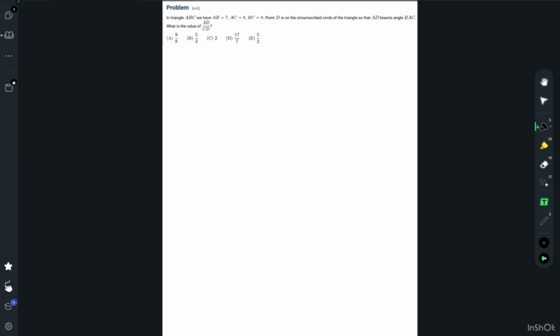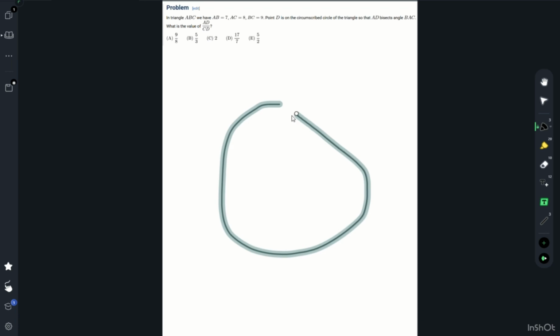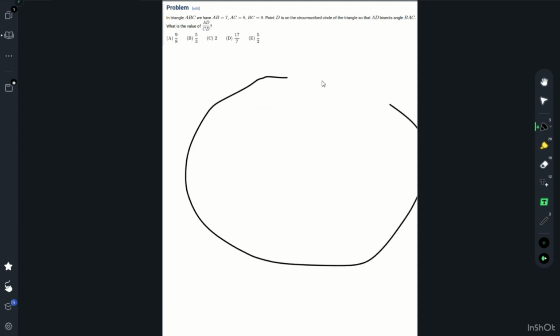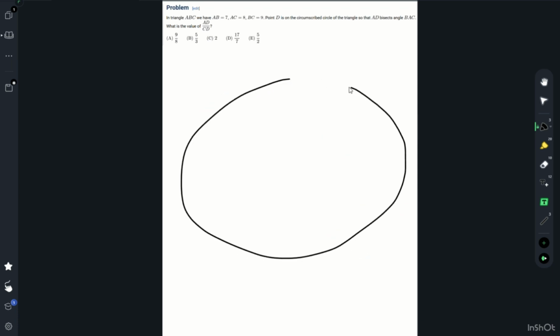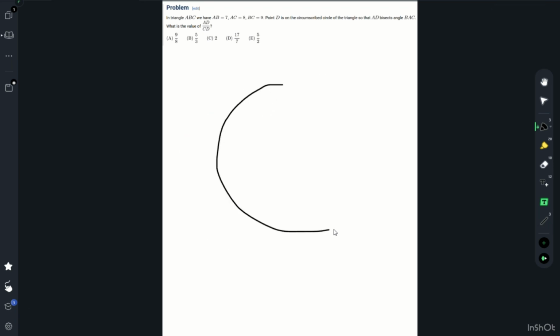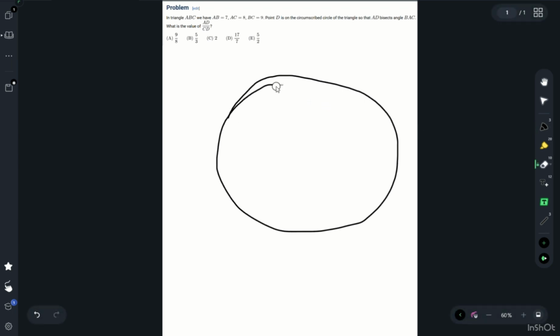So first of all, we have to draw out the circle, and then we have to label and draw out the lines. So now we have to draw out the triangle.